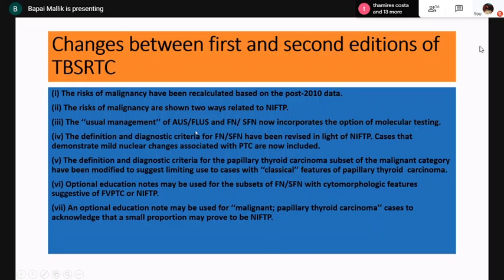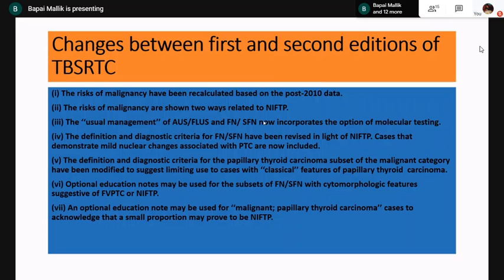The usual management of AUS and follicular neoplasms now incorporates the option of molecular testing. We are going to see that. The definition and diagnostic criteria of follicular neoplasm have been revised in line with NIFTP. Cases that demonstrate mild nuclear changes associated with PTC are now included in FN.